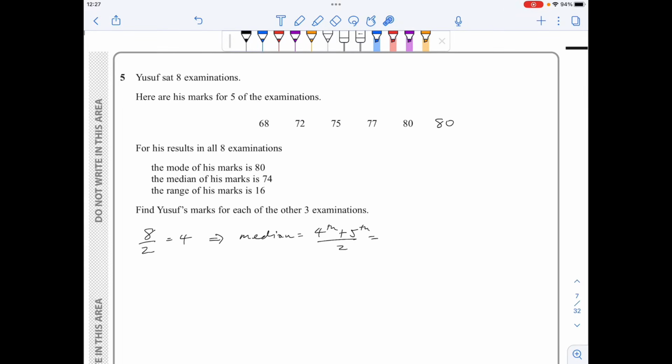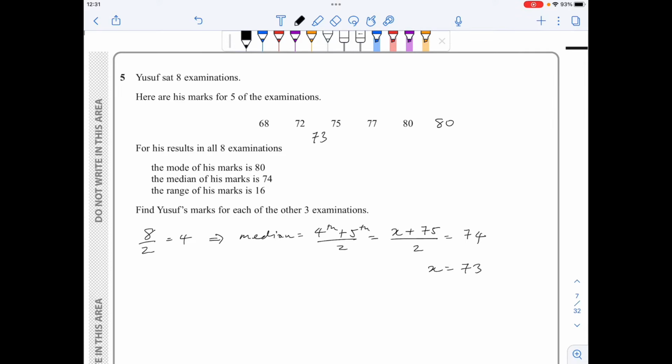Obviously, 72 and x can't be the 4th and the 5th, because even if I add another number at the beginning, 72 will be the third number, which means that (x plus 75) over 2 will be the median, and if I solve for x, I will get 73.